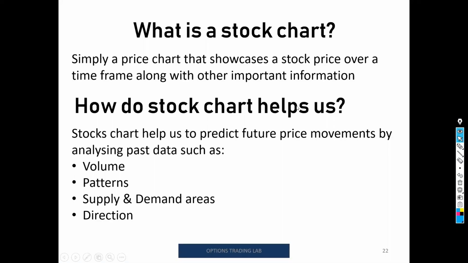And how does a stock chart help us? A stock chart helps us predict future direction, future price movements, by analyzing past data such as volume, patterns, supply and demand areas, and direction. What is volume? Volume is the quantity that is being traded on the buying side or on the selling side.